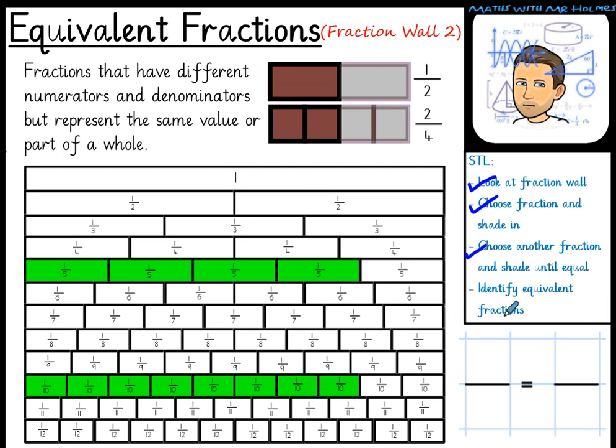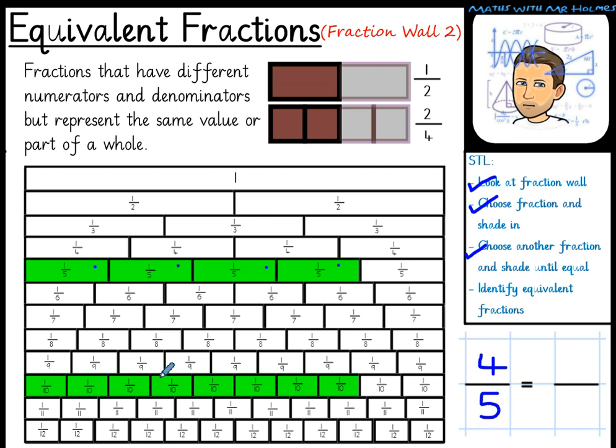Our final step then, where we identify the equivalent fractions. Our first one was fifths. We had 1, 2, 3, 4 fifths, 4 out of the 5 equal pieces.